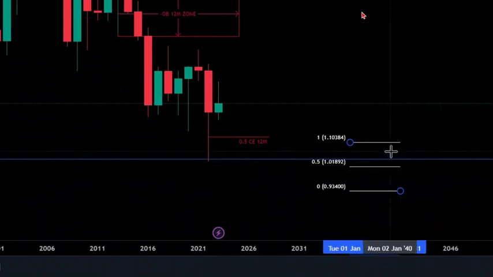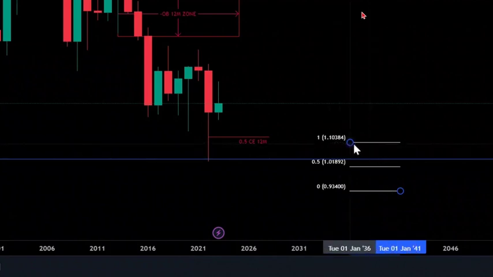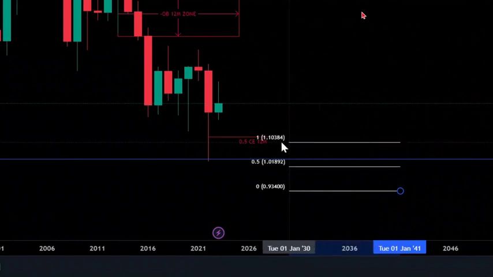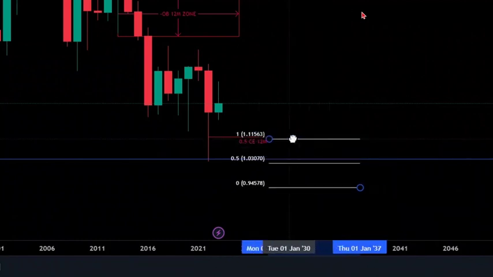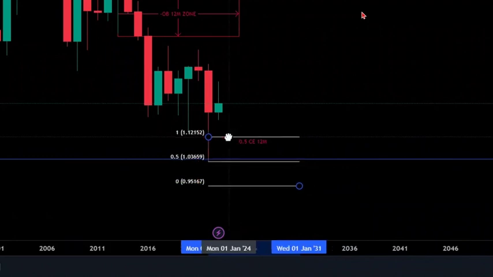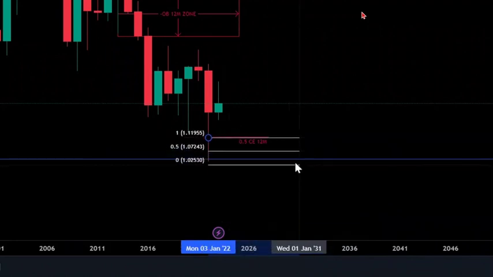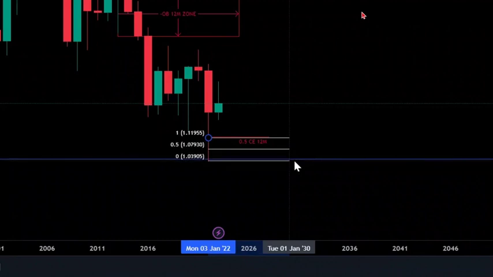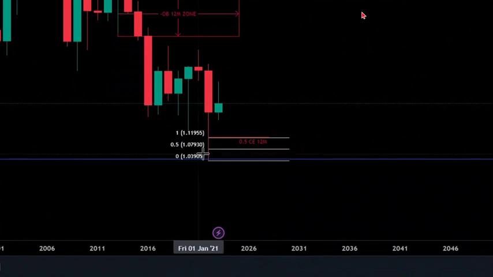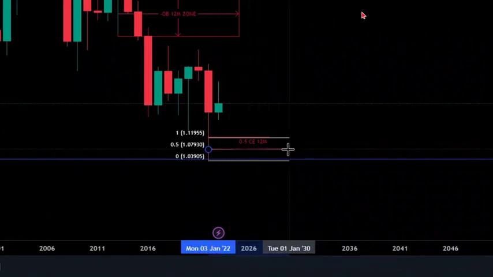And then let's find the 25%. No, at the top. You have to go to the top and do it. The top is the 25%.